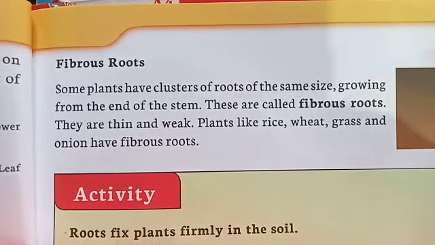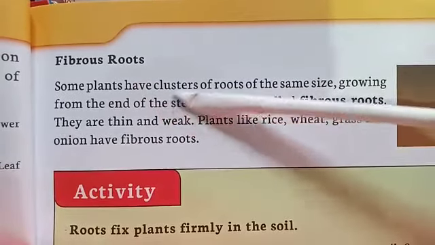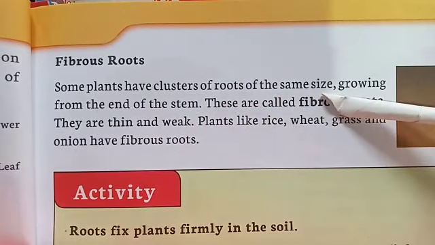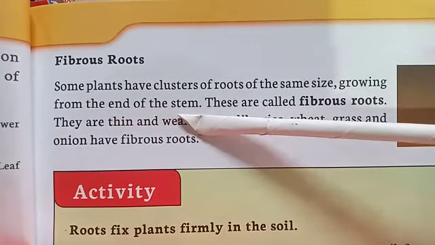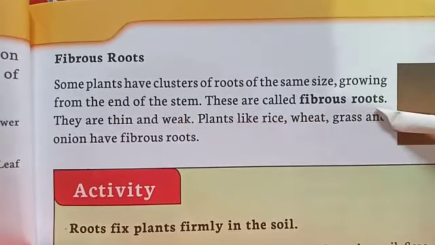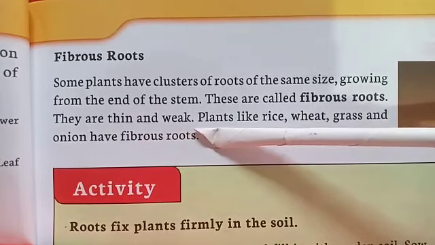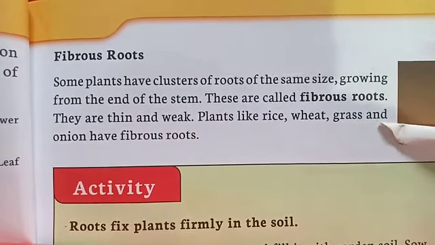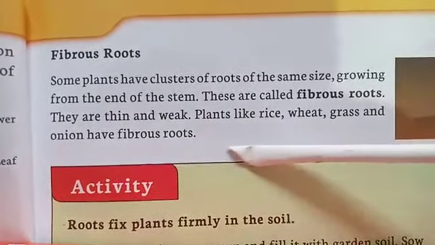Next is fibrous root. Some plants have clusters of roots of the same size growing from the end of the stem. These are called fibrous roots. They are thin and weak. Plants like rice, wheat, grass and onion have fibrous roots.